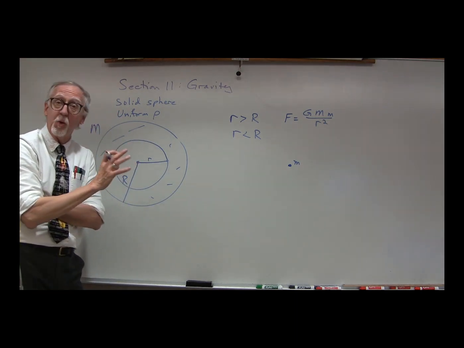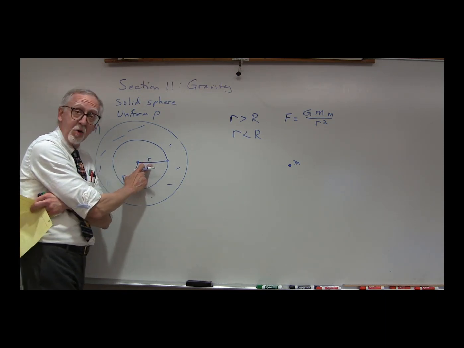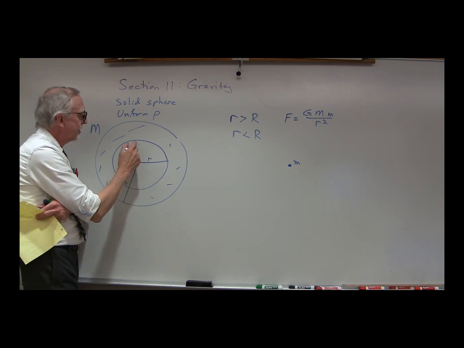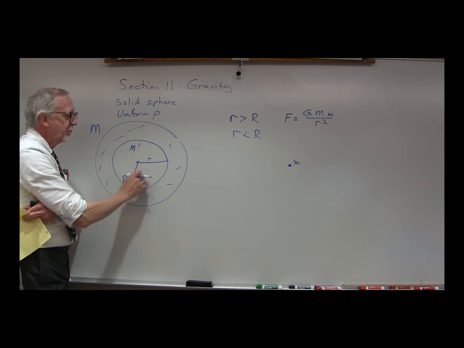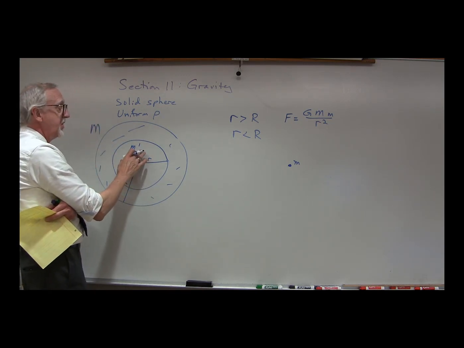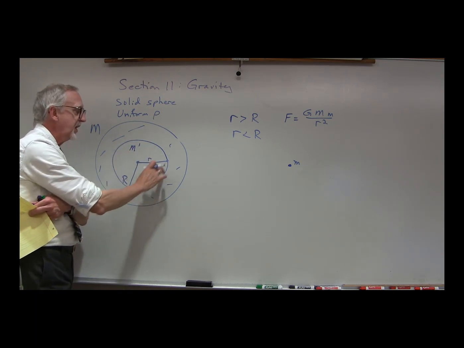The only force is going to be due to the mass that is within our radius r. Well, what's that mass? Let's call that m prime. So how much of the mass will be within our radius? Well, what we would expect is that the amount of mass will depend on what the volume is in here.